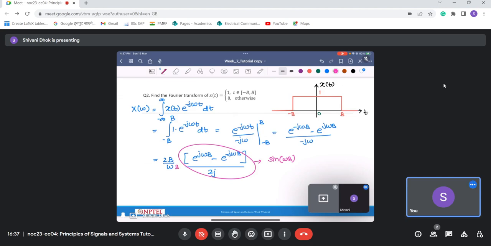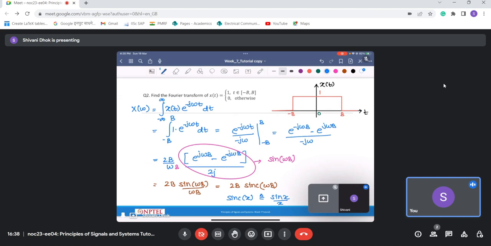So this entirely reduces to a form of 2b sine of omega b upon omega b, which is 2b sinc of omega b, where the sinc function, sinc of x, is defined as sin x upon x.